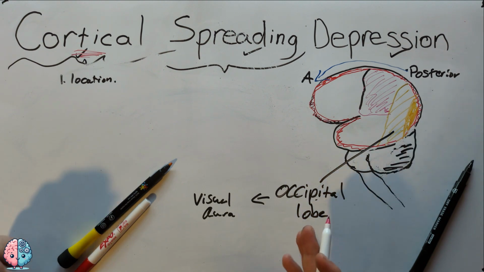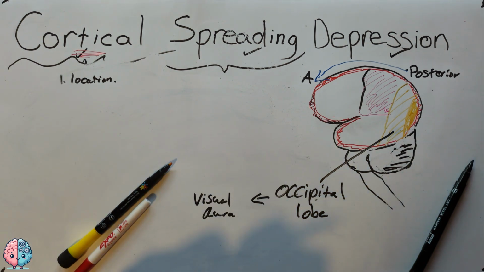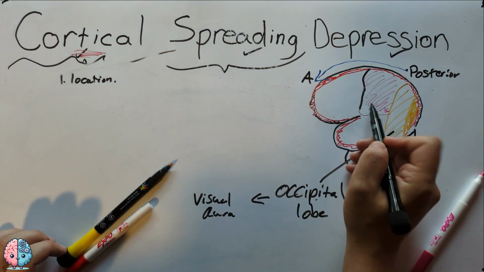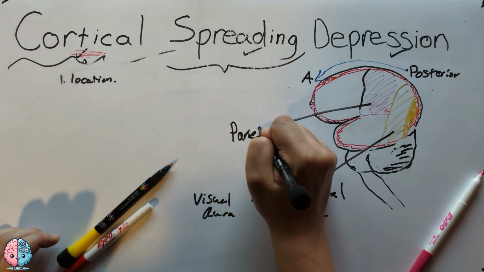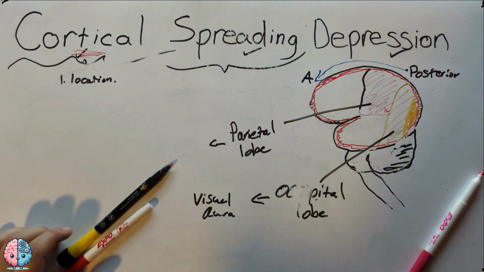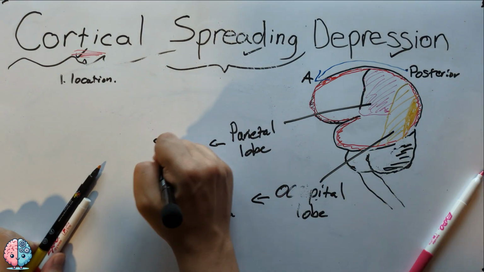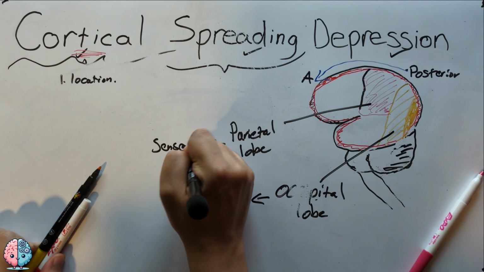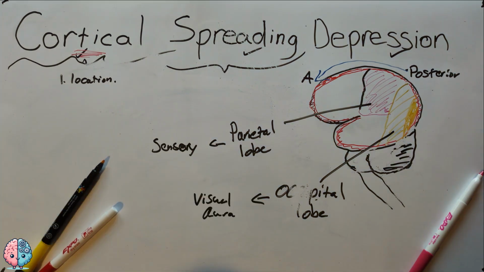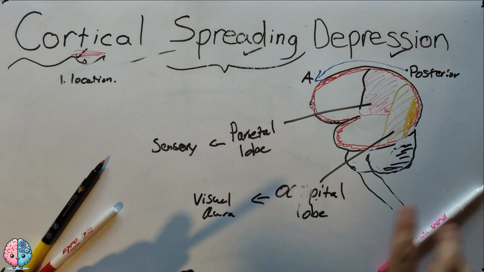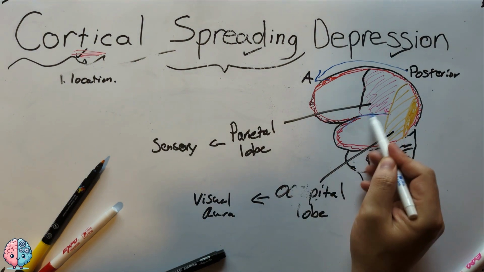So this would be things like paresthesia. Again, we'll get to this in more detail a little bit later. So parietal lobe, and the parietal lobe is in charge of sensory processing. So this will be sensory aura. Now, as it continues to progress, we have the temporal lobe here.